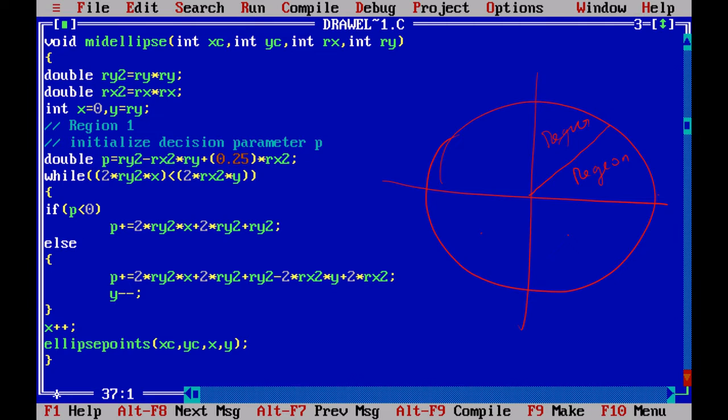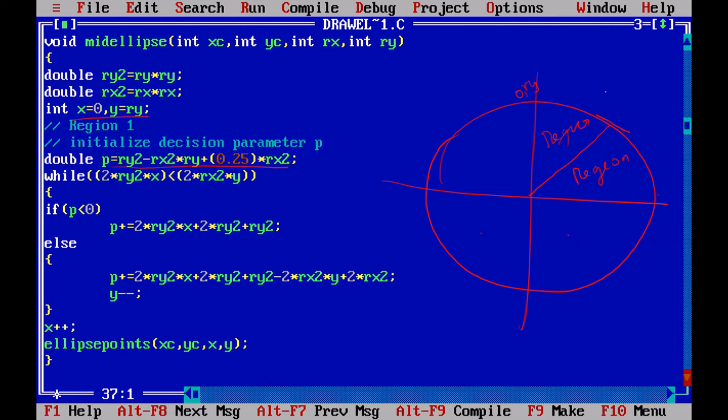In region 1, we are going to use one while loop, and we start with 0 comma ry, that is x0 is equal to 0, y0 is equal to ry, and we calculate the decision parameter using this particular formula.